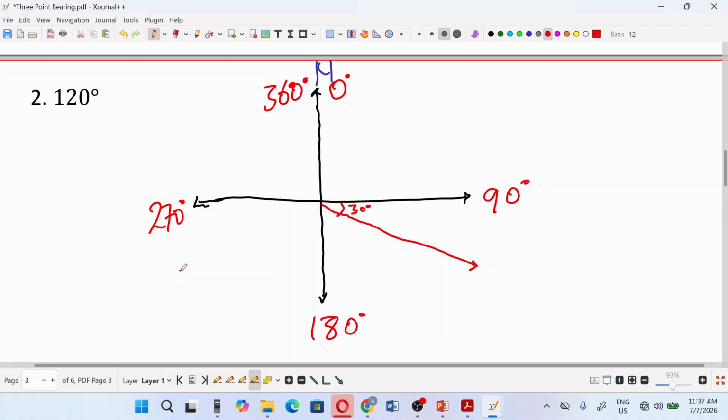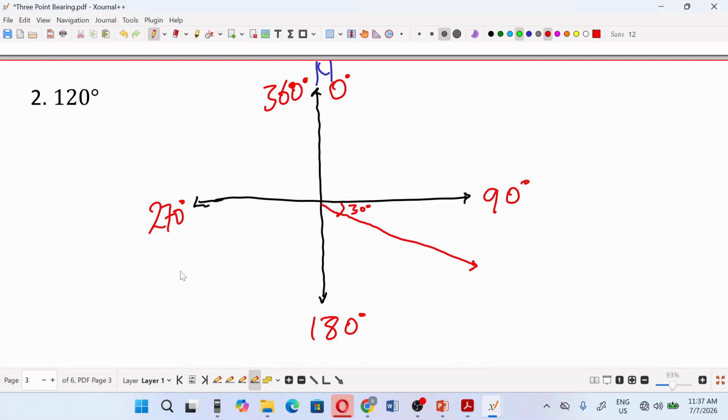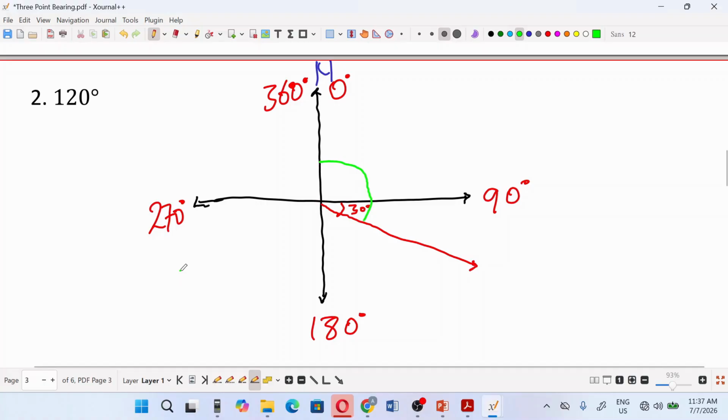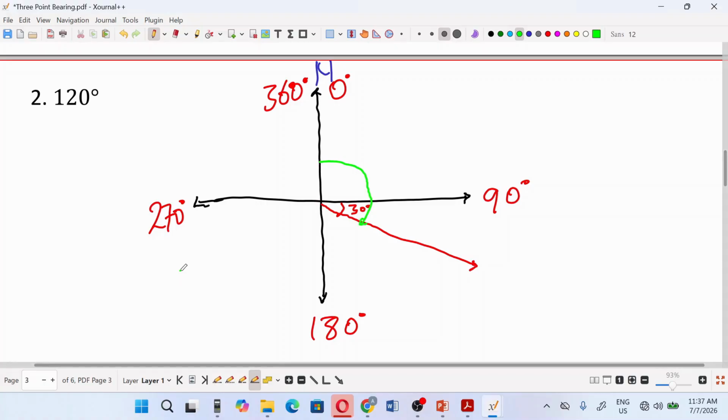And therefore, when I add this 30 to the 90, I'm going to have 120. Therefore, it tells me that if I'm moving from the north all the way to this point, that's what I'm looking for. So I don't really need the 30, but I only did that to be able to get 120.